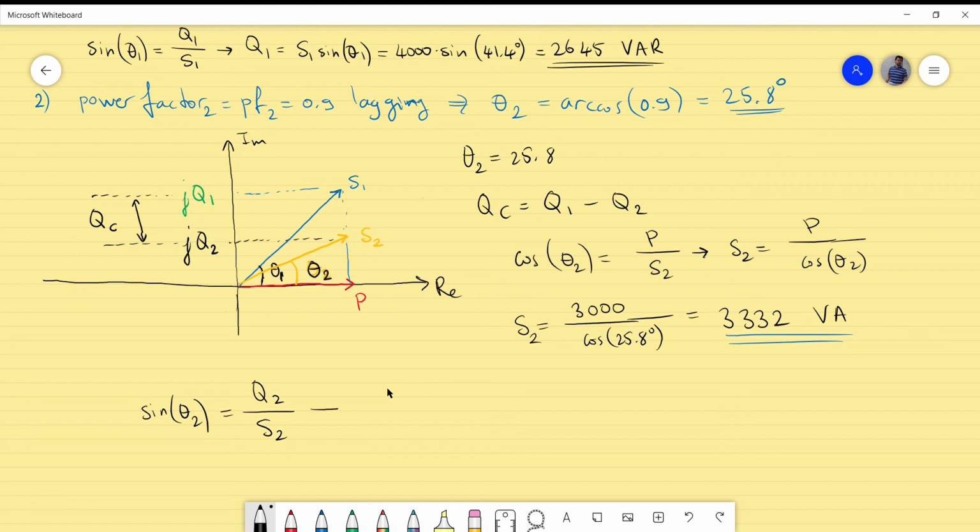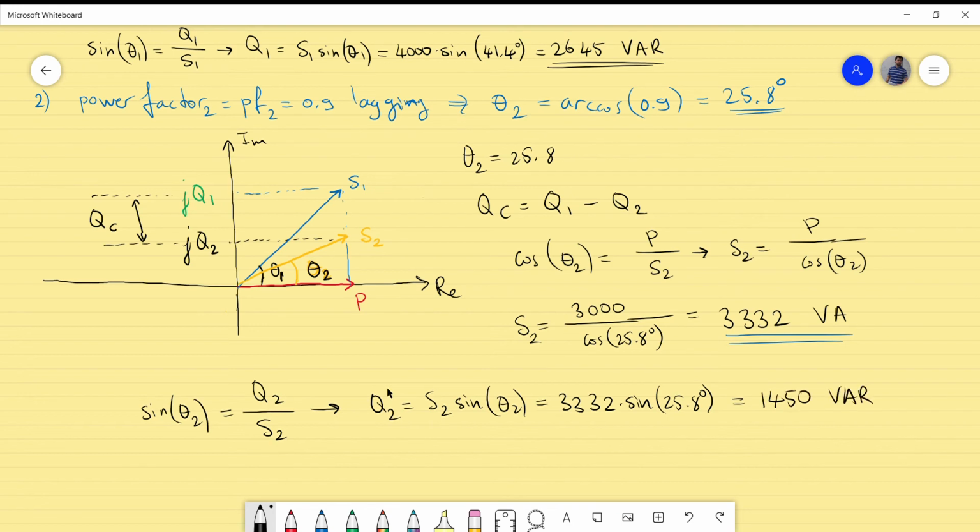So that will bring us to Q2 is S2 times the sine of theta 2. Now if you substitute the values which are given here, 3332 times the sine of 25.8 degrees will result in 1450 volt amperes reactive.